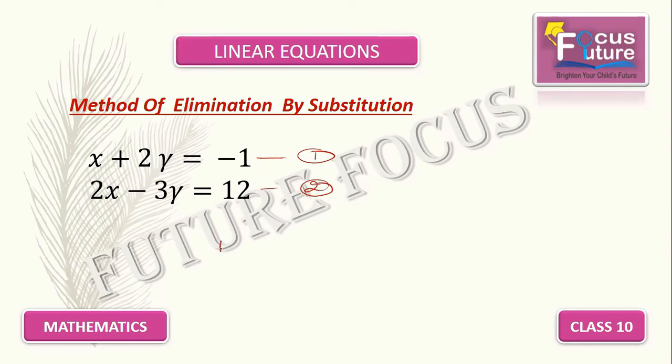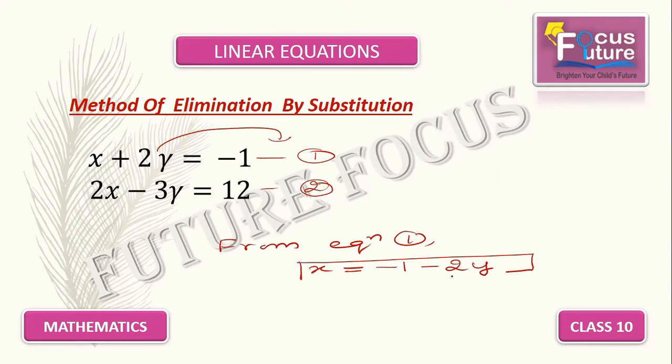From equation 1, you would get x is equal to minus 1 minus 2y, as 2y will be sent on the right hand side. So we got the value of x from equation 1.